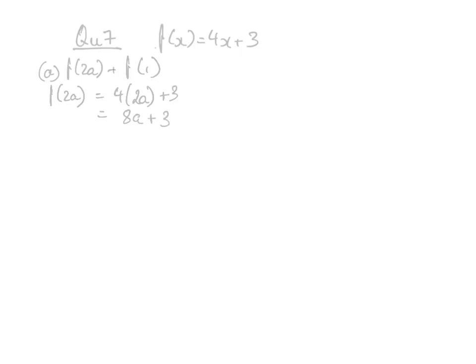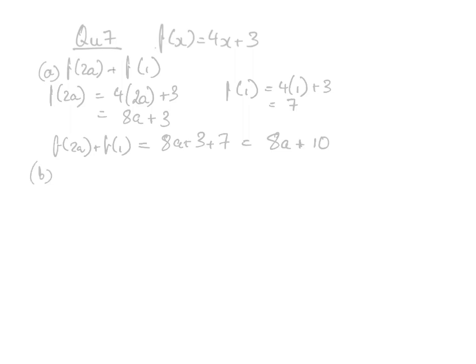And f of 1 is equal to 4 times 1 plus 3, which is 7. So bringing them together, you get overall for f of 2a plus f of 1, you get 8a plus 3 plus 7, which is 8a plus 10.